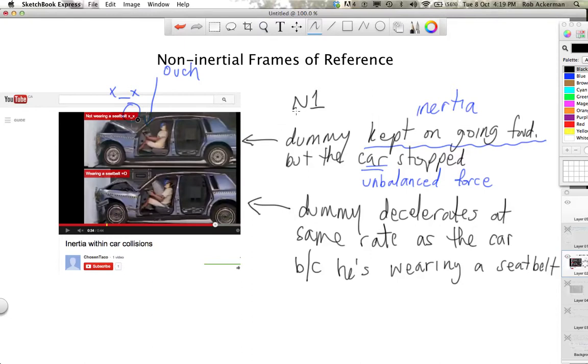Okay? Well, let's see if we can draw the free body diagrams for both of these scenarios. For example, let's do it from Earth's frame of reference.